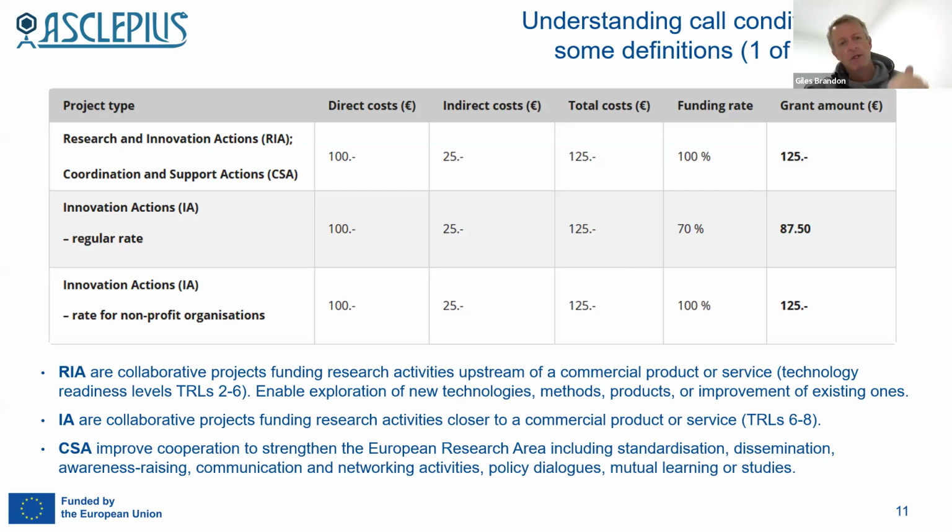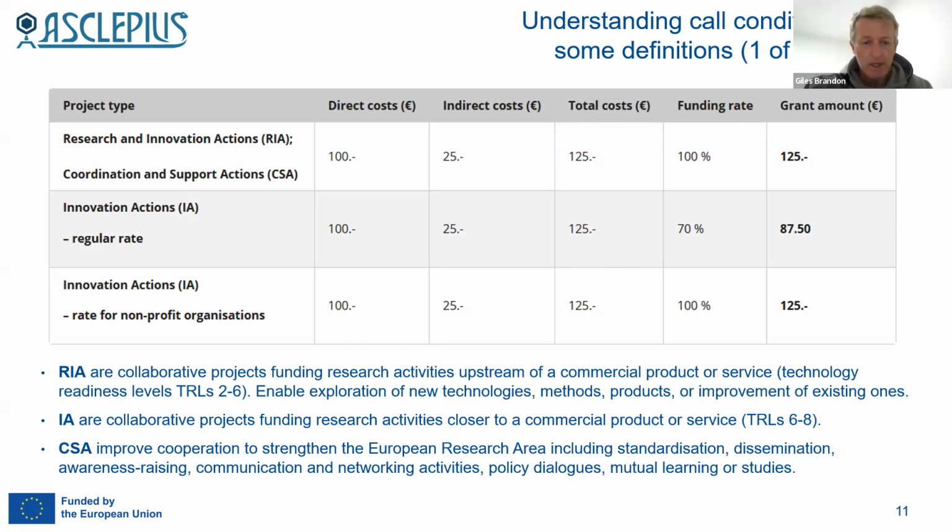So these three different types of actions, for want of a better word, projects, are the three types that get funded under Horizon Europe. And you'll see in the call text for each different call, it will say whether it's a call for RIA or CSA or IAs.